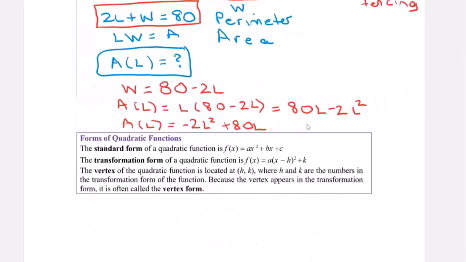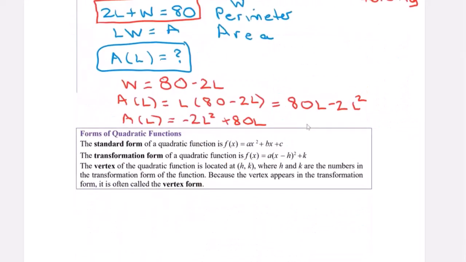Now, forms of quadratic functions. In standard form, which is what we just put this in, notice that you have a function and the ax squared plus bx plus c is in descending order. That's called standard form. Transformation form is also called the vertex form.